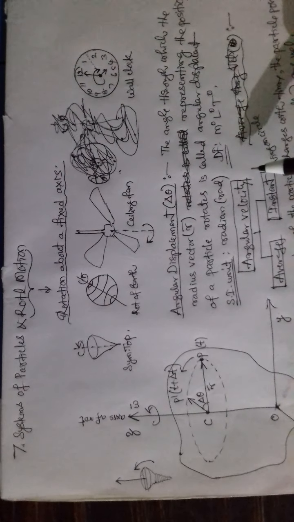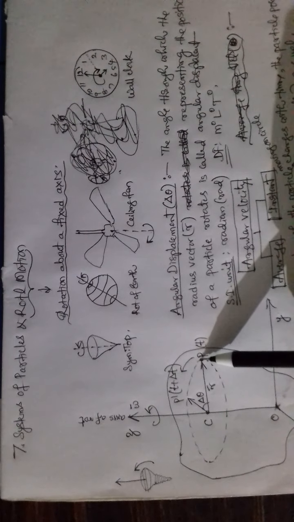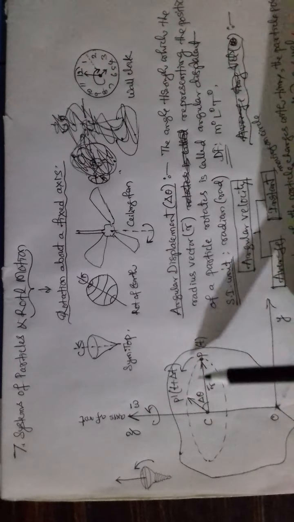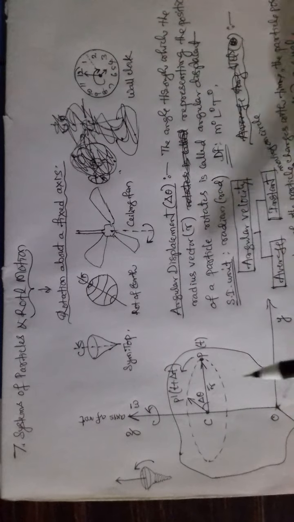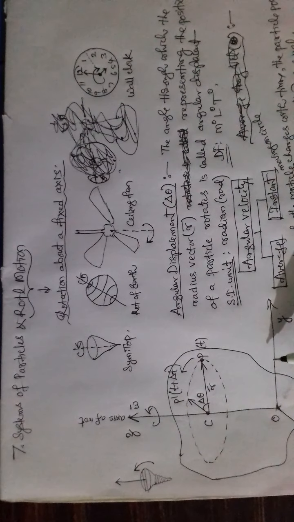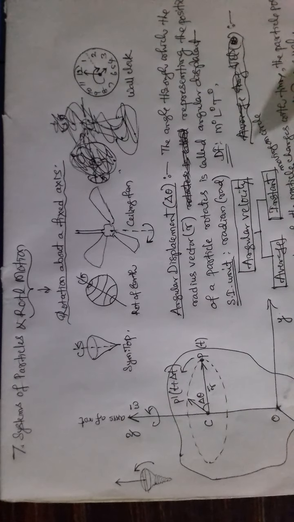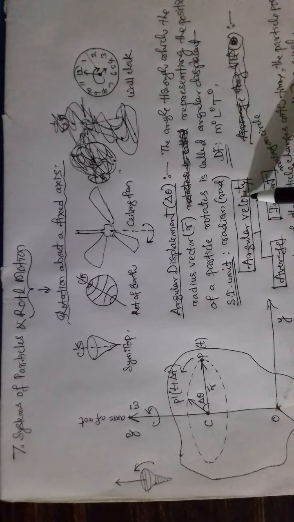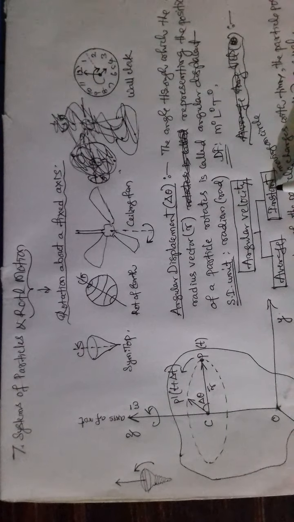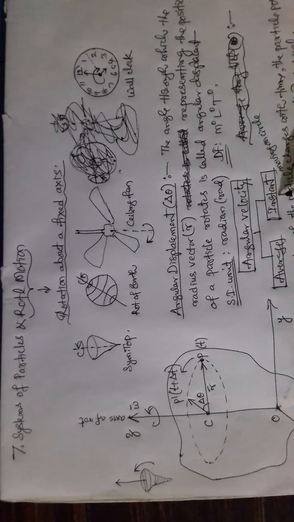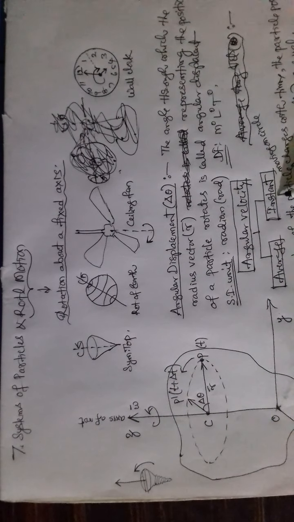Now, as the position of this particle moving on a circle is changing with time, the particle possesses angular velocity. Angular velocity is defined in two ways. One is the average angular velocity, another is the instantaneous angular velocity.